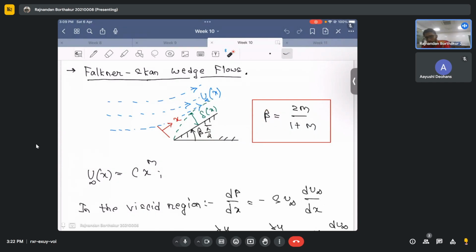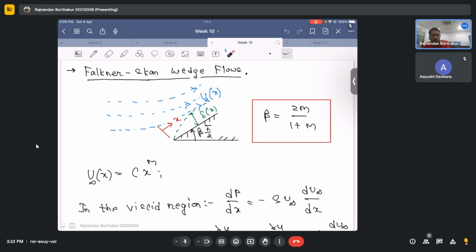What we seek to find out is that just by changing the profile of this wedge, there can be a favorable pressure gradient and there can be an adverse pressure gradient in the direction of flow. If I change the geometry of this wedge, then dp/dx would change. It can be greater than 0, less than 0, or equal to 0 in the limiting case of a flat plate.